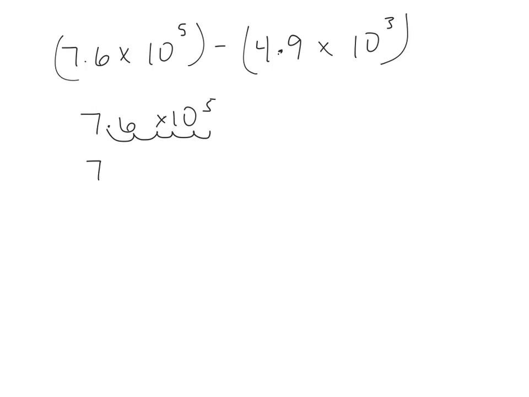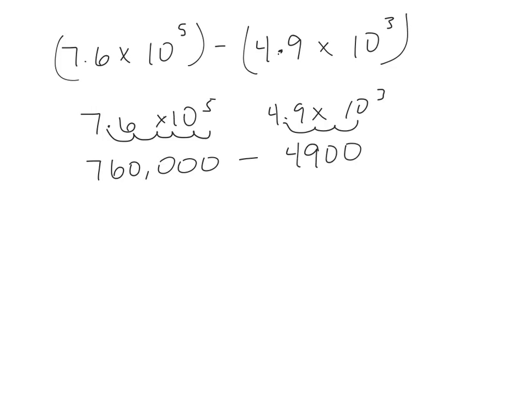And I get 760,000. 4.9 times 10 to the 3rd. Oops. Doing subtraction. Minus 4,900.